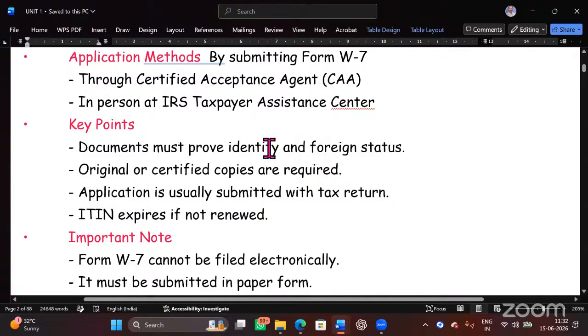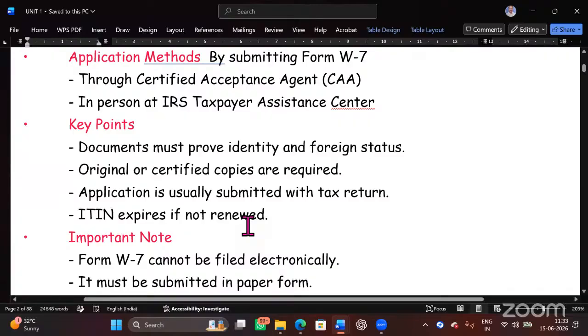To get that ITIN, documents must be provided, showing photo ID with the address proof. This ITIN number is not permanent, it is purely temporary. Even after getting that number, if the taxpayer does not use it continuously for 3 years, automatically that ITIN number will lapse.